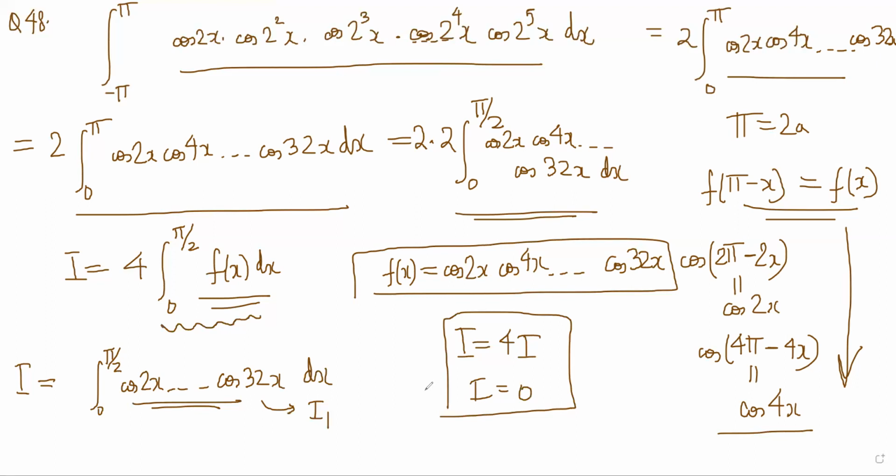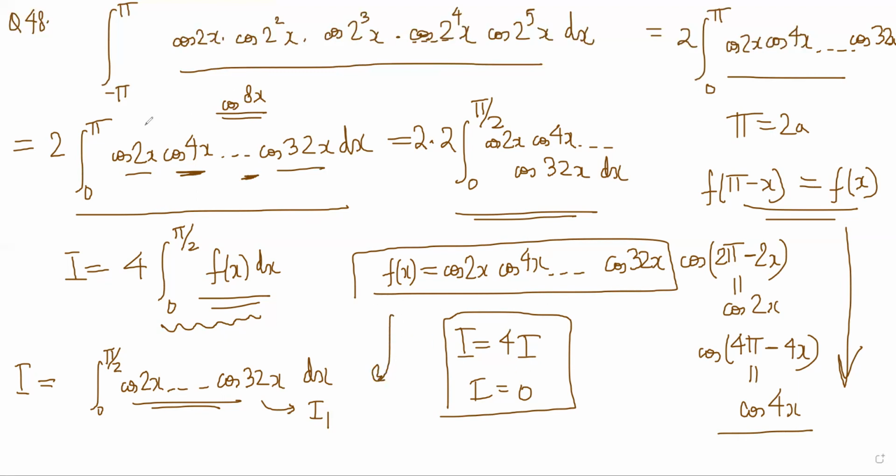Another way for it, there is a long way to do it, but I just don't want to do that. You can combine cos 2x, cos 32x and stuff, cos 4x and cos 16x, and you'll keep cos 8x in the middle. I just don't want to do that simplification. You can try that, however. You should eventually get I is equal to 0. I have a feeling like I made some mistakes here in this calculation.